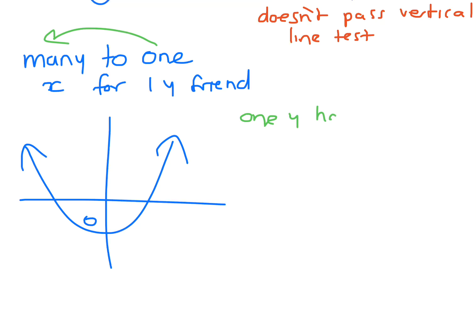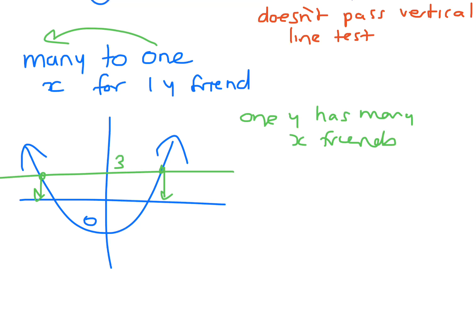One Y has many X friends. So here we go. One Y, see, has many X friends. So if Y is 3, there are 2 values of X where Y equals 3. So it doesn't pass the horizontal line test.